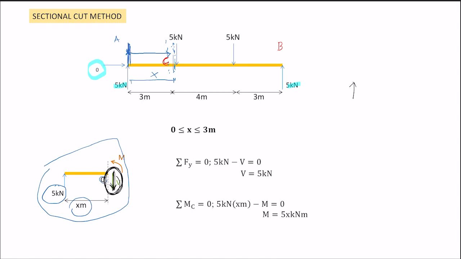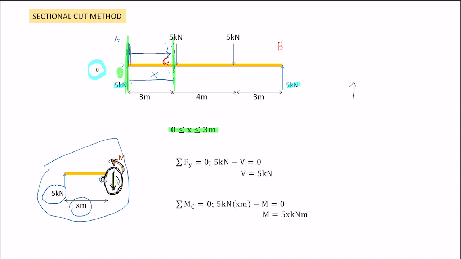And for moment, it will be counterclockwise. So I write here that X must be bigger than or equal to 0, because the section that we calculate now starts from 0 here, up to 3 meters. So before 3 meters we cut it, it will be between 0 and 3 meters.